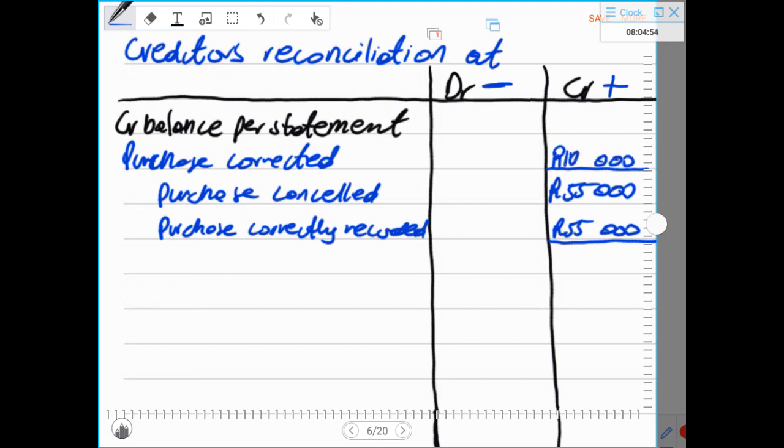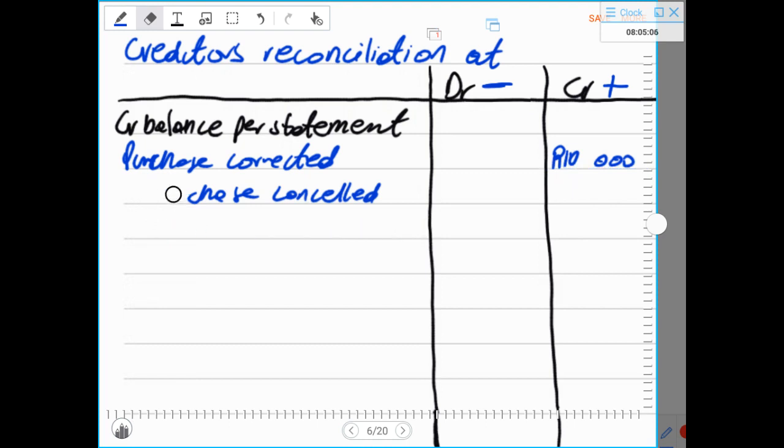Now the question is, why are we recording this on the credit side? Remember, it's also not important for you to record these two amounts separately. You can just have one amount of 110,000 rands, where you open your brackets and say 55,000 rands plus 55,000 rands. Then that will give you 110,000 rands.